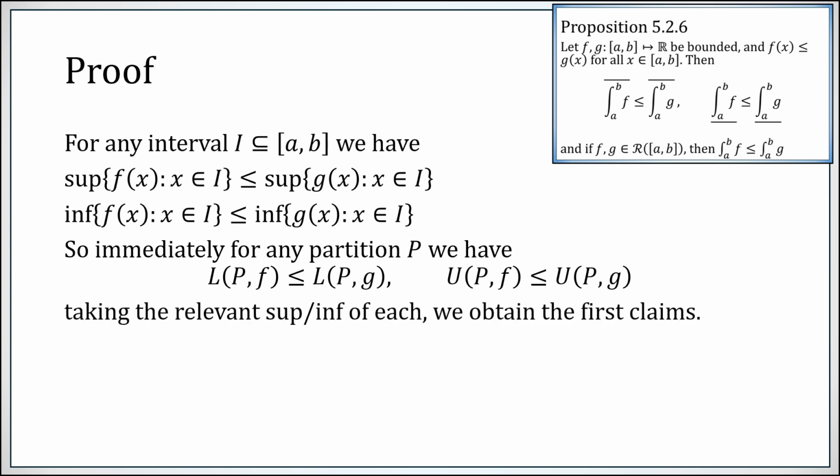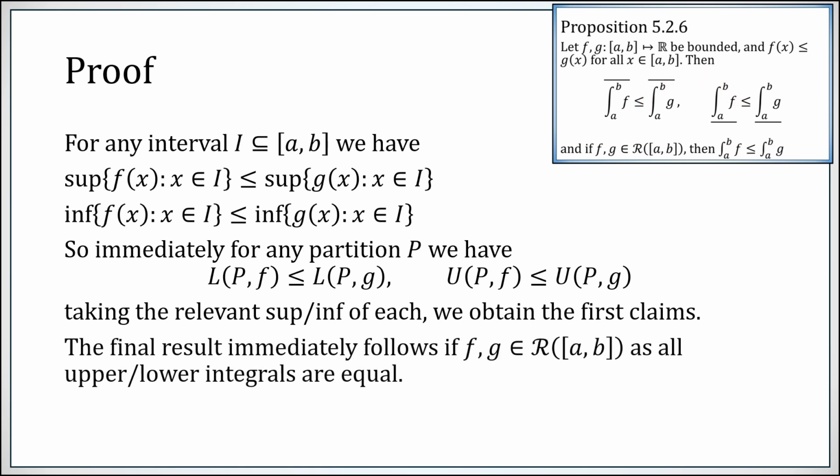Now I can take the sup of the lower sums and the inf of the upper sums to immediately get the first two claims of Prop 5.2.6. And now, if I assume f and g are both integrable, because this upper sum equals this lower sum and this upper sum of f equals this lower sum of f, I get the inequality we wanted. So Prop 5.2.6 comes together pretty quick.